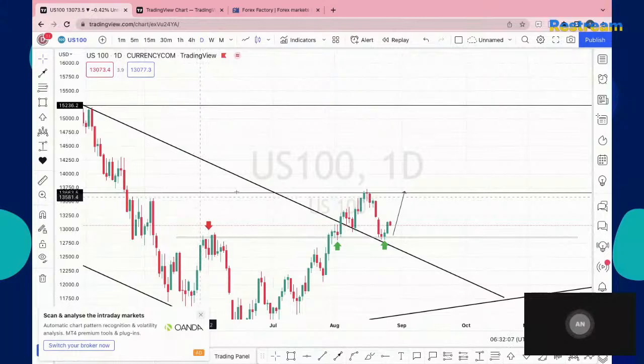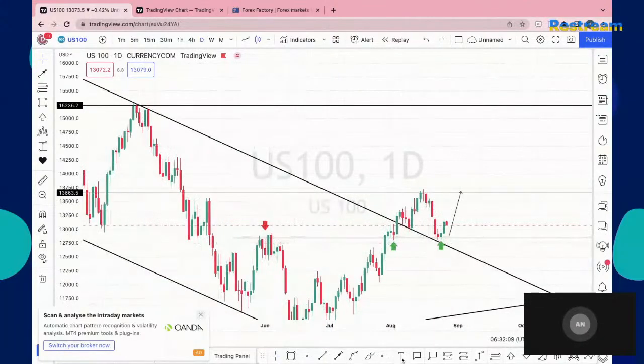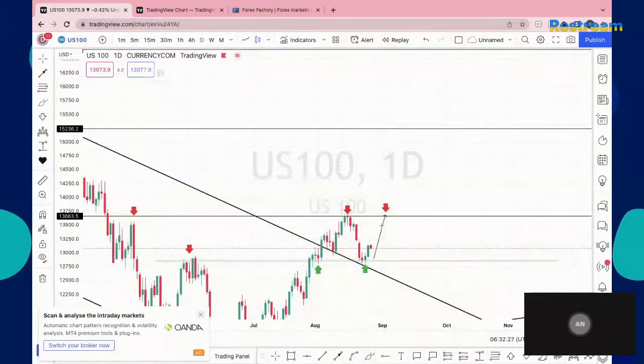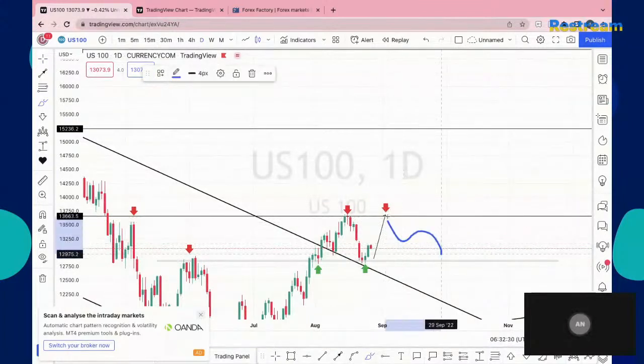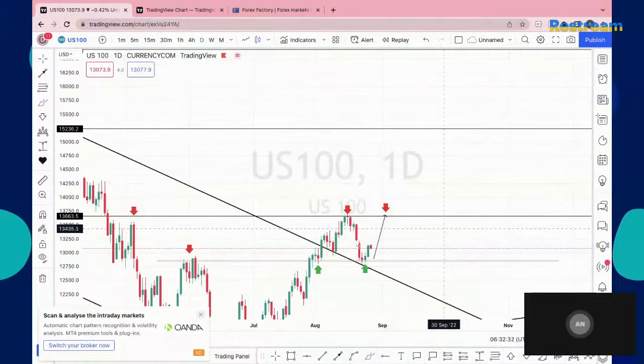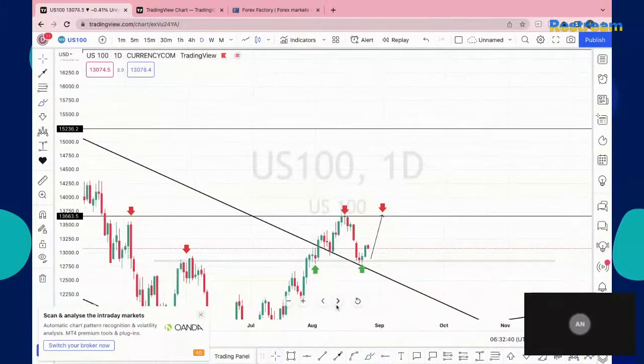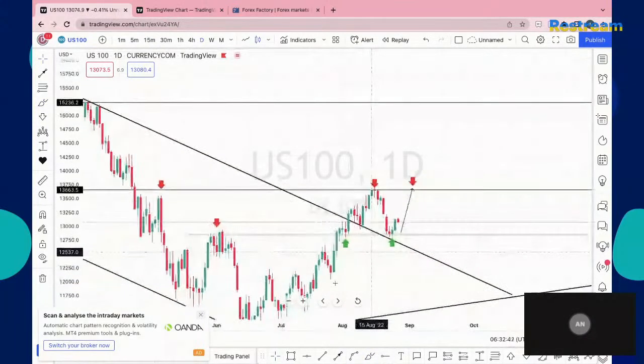This is a weekly zone, rejection here, rejection here. So we could come back to reject here, and possibly there could be some sort of consolidation in the zone. But overall, I'm looking for Nasdaq buys today.